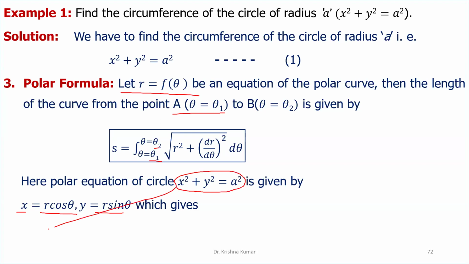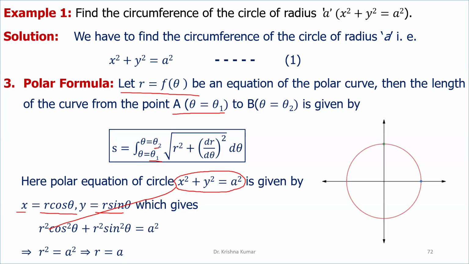Then this equation becomes r square cos square theta plus r square sin square theta equal to a square, which implies r square equal to a square. So r equal to a, since the radius cannot be negative, so we take only r equal to plus a.